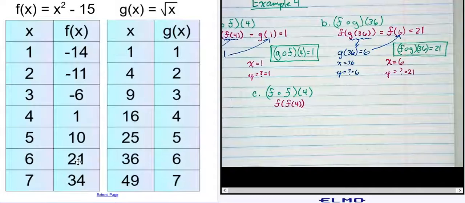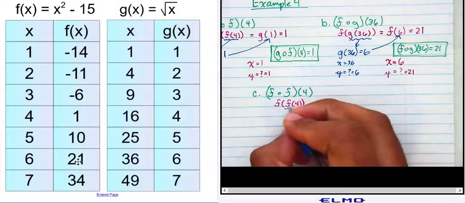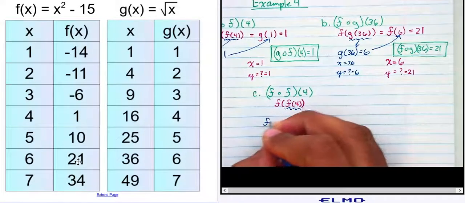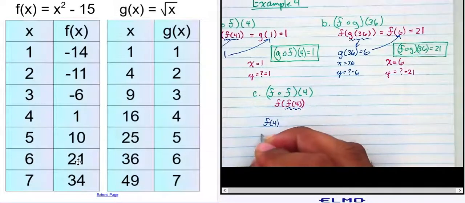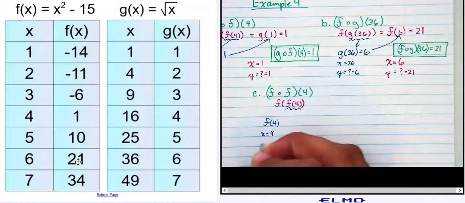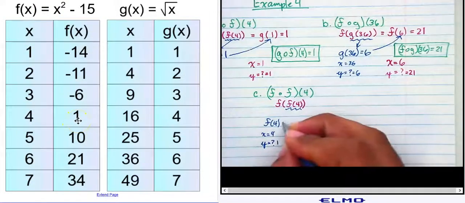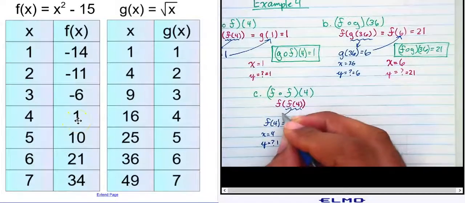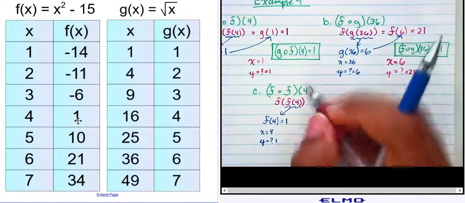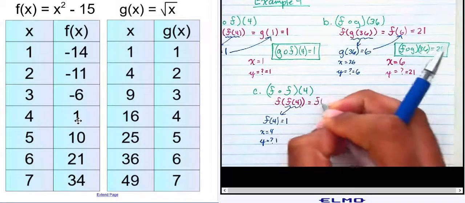All right, and then the last one, again, we're dealing with the inside portion first. So looking at f of 4. So when x equals 4, your y value is what? So when x equals 4 for the f of x function, we get an answer of 1. So here, we're going to do f of 1.